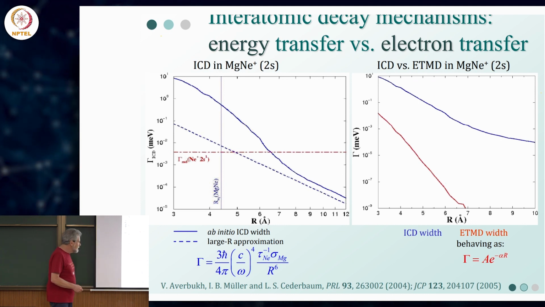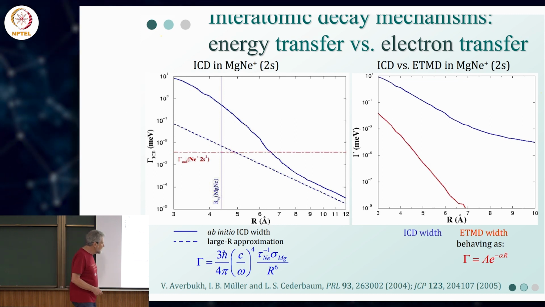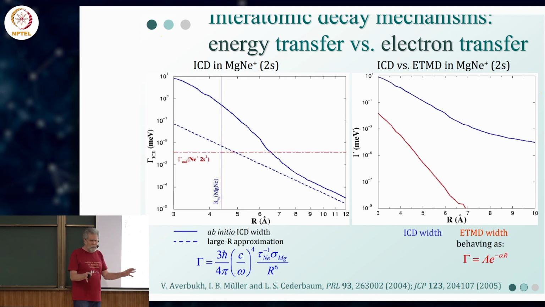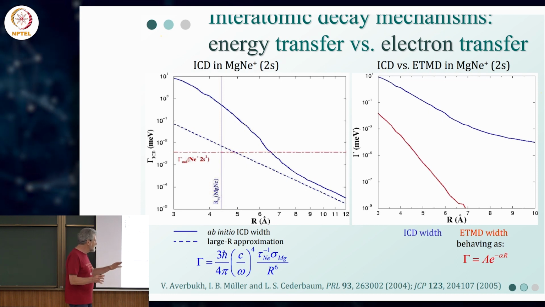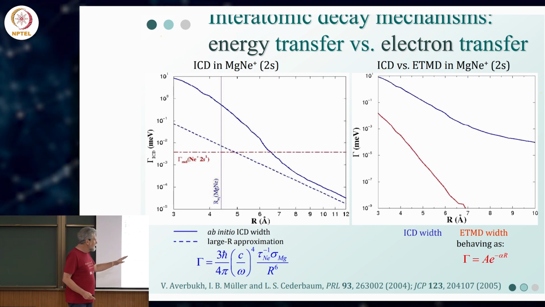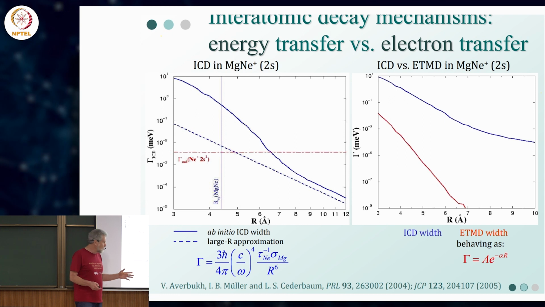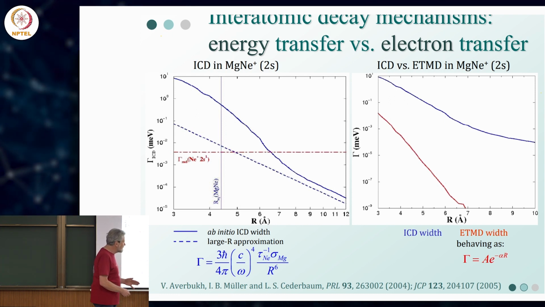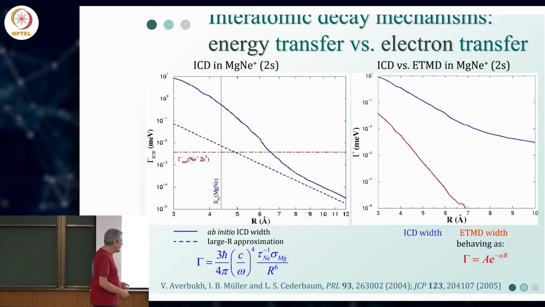Now let's go to the other side, electron transfer. Of course, electron transfer can only happen due to overlap of wave functions. An electron cannot just jump somewhere, I mean, only in fairy tales, but you need an overlap of wave functions. Okay, so overlap decays at large distance exponentially. That's well known, so I expect that at large distances, the gamma, the rate for the ETMD, falls off exponentially.